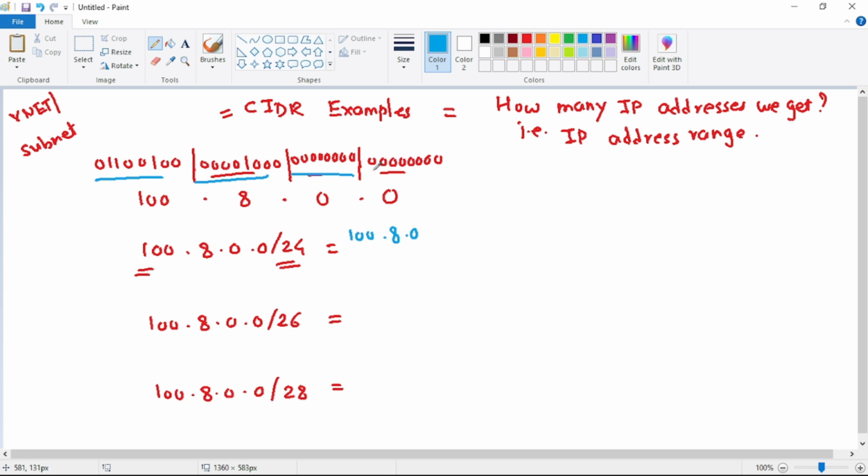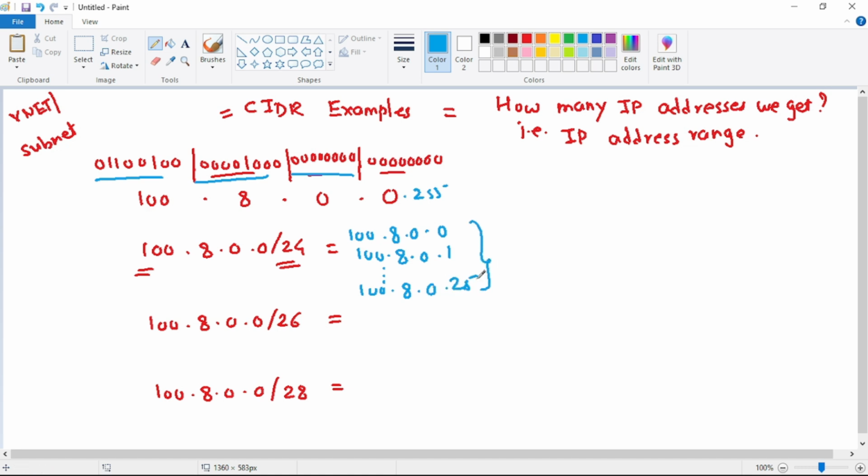These last 8 bits can be from 0 to 255, right? So the range can be 100.8.0.0, then 100.8.0.1, and so on, where 100.8.0 is constant, up to 100.8.0.255.